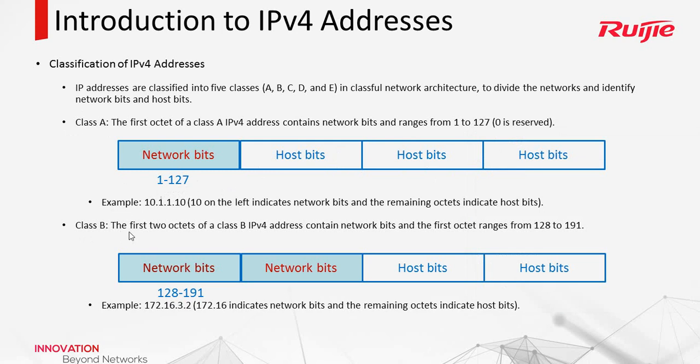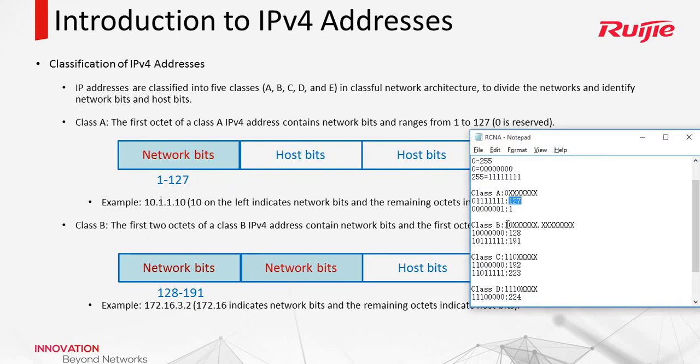But class B has this format. The highest 2 bits will be 1, 0, and the others can be any values. So the range will be from 10000000, which is 128, to 10111111, which is 191.